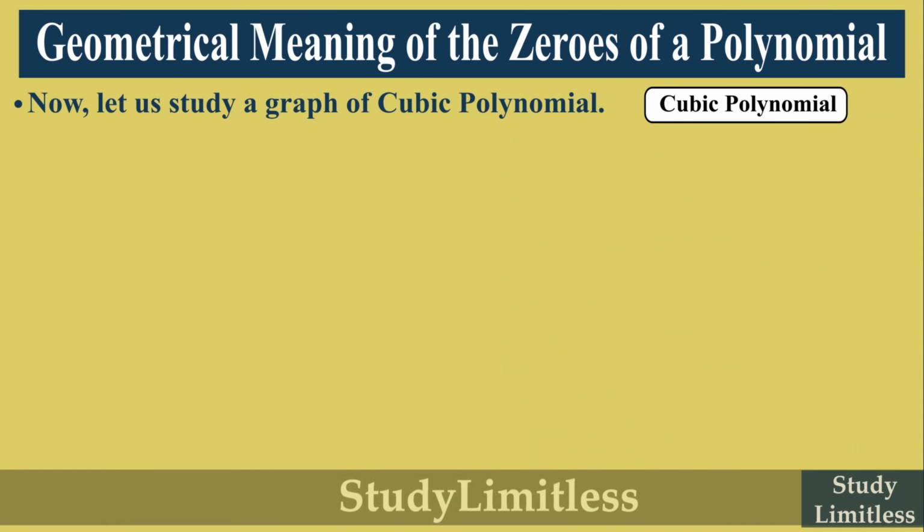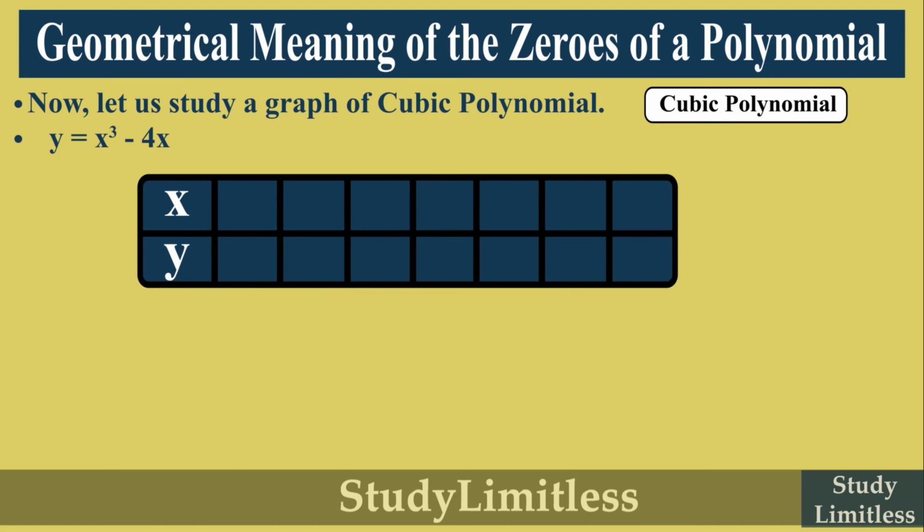Now let us study the graph of a cubic polynomial. Let us take one more equation for a cubic polynomial, where y is equal to x cube minus 4x. For various values of x, the corresponding values of y are x, y. We'll draw a table and put some values in it.